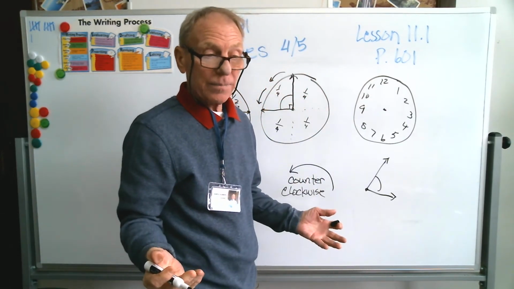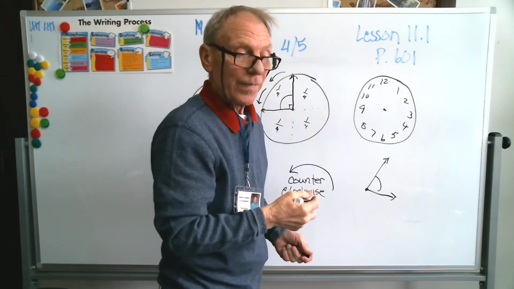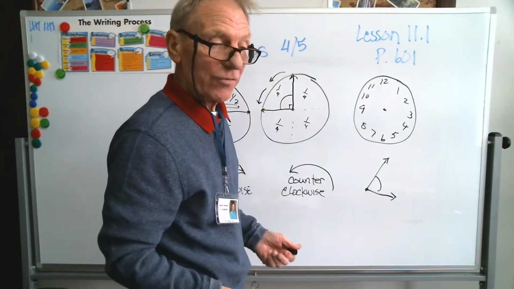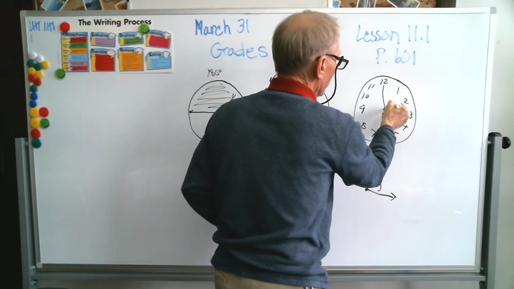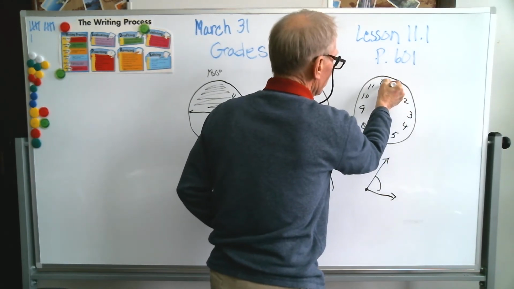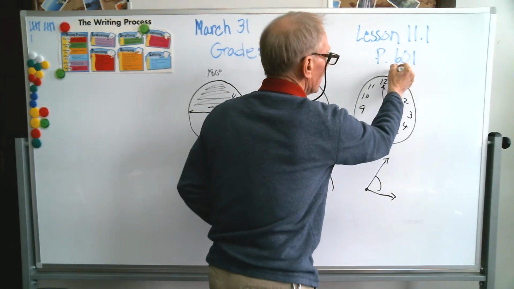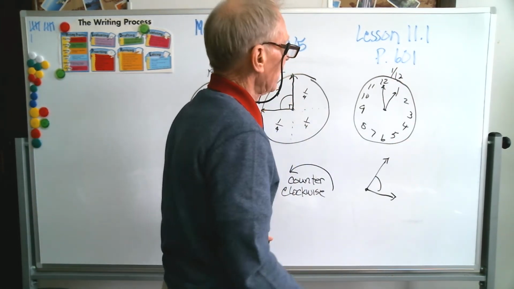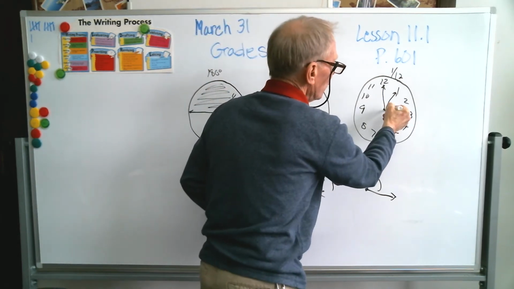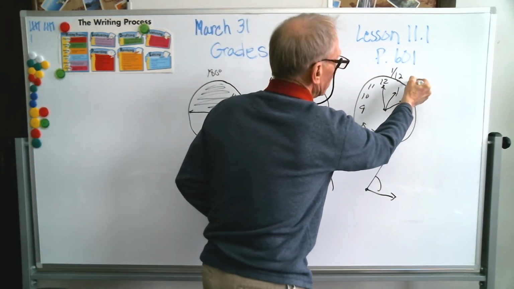A clock is a circle, and it's divided into 12 sections. So each one of these sections would equal 1/12 of the circle. If we went to the 2, it would be 2/12.